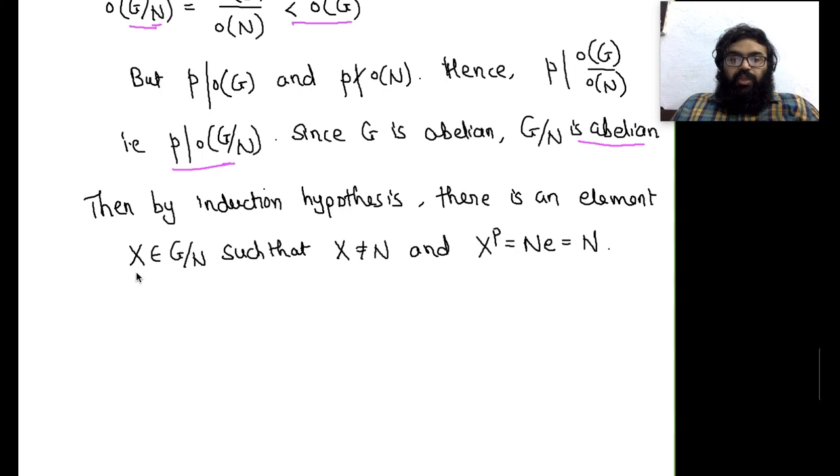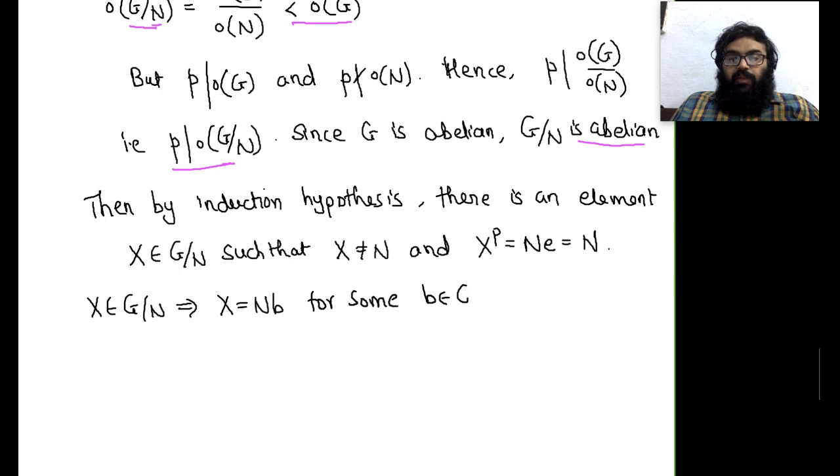But x belongs to G quotient n means what? This implies x equals nb for some b in G. What are the elements of G quotient n? They are the cosets. So suppose x is some right coset, and x is not equal to n.